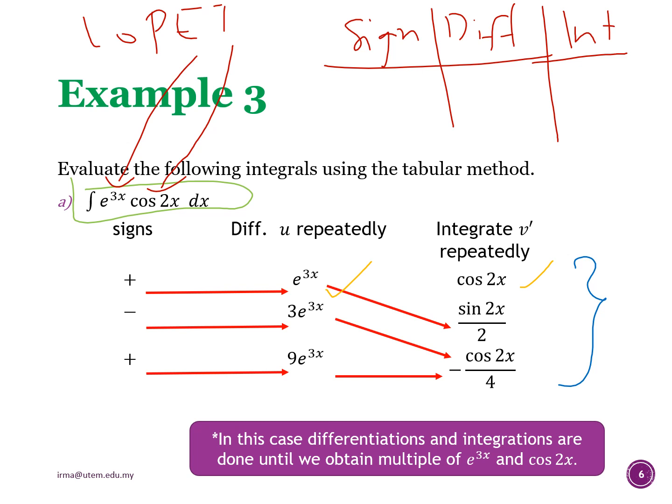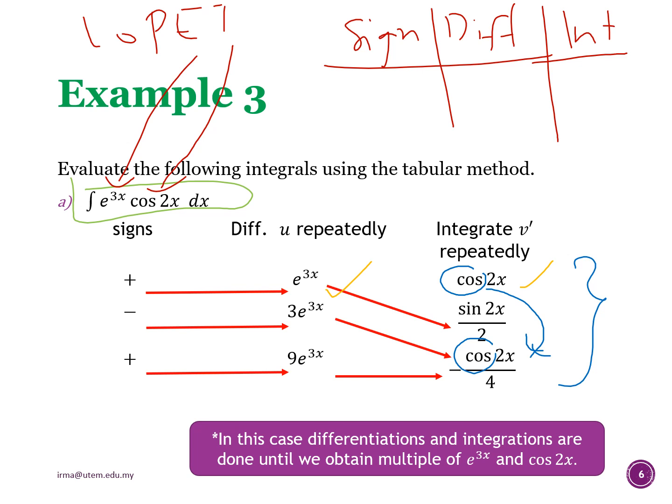You repeat until you get the same expression, which is cos. The net value is not the same, but it comes from the same function, which is cos. So you stop when you get this cos, or you just repeat it until 3 iterations or 3 lines.